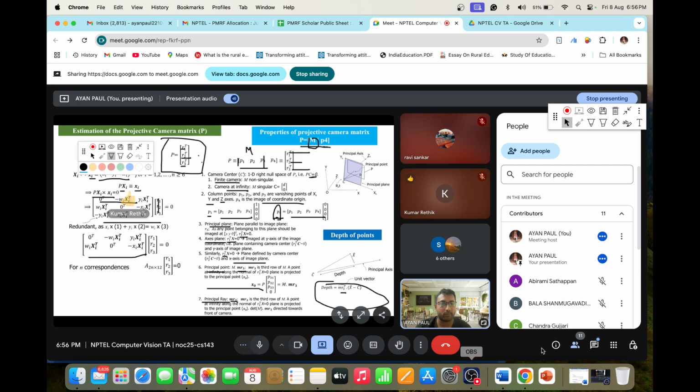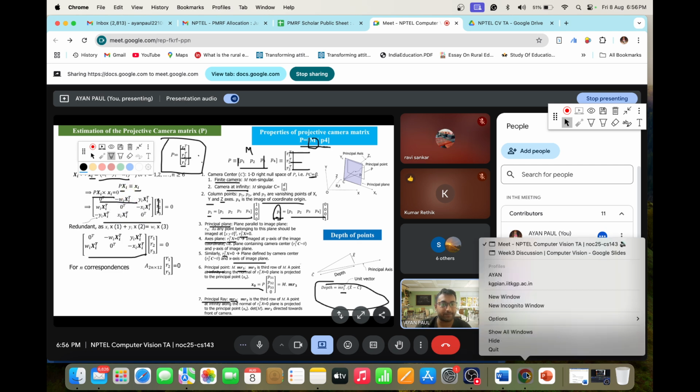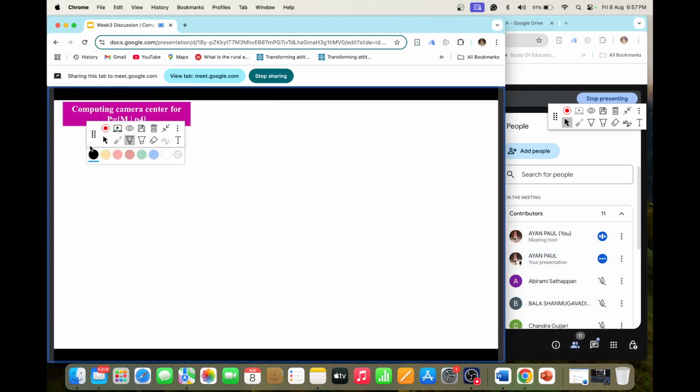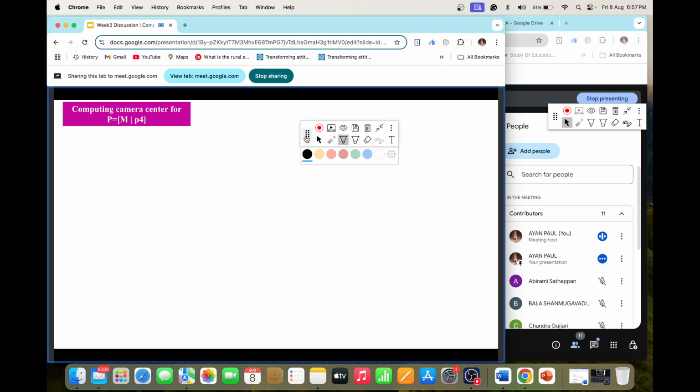Okay, now let's move on to the next thing: computing the camera center. I have already discussed that P into C will give us 0, and by that we can get the camera center. So C will be something like P inverse into 0. How can we write it in a more formal way?